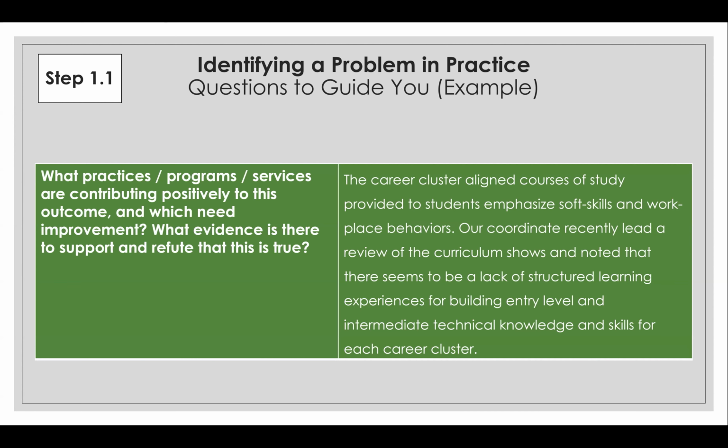Maybe that's something we're already doing, and our coordinators recently led a review of the curriculum and noted that maybe there's a lack of structured learning. So we're using a curriculum, we're not really sure who's using it, but when we do, maybe it's not as effective as it could be. We need more information, though, to really know for sure what content, instruction, and assessment look like to support our young people in this example.